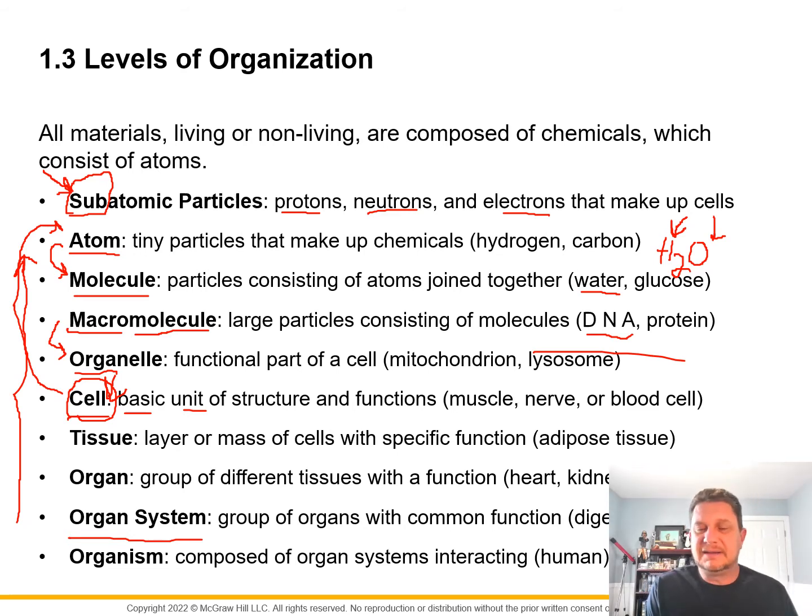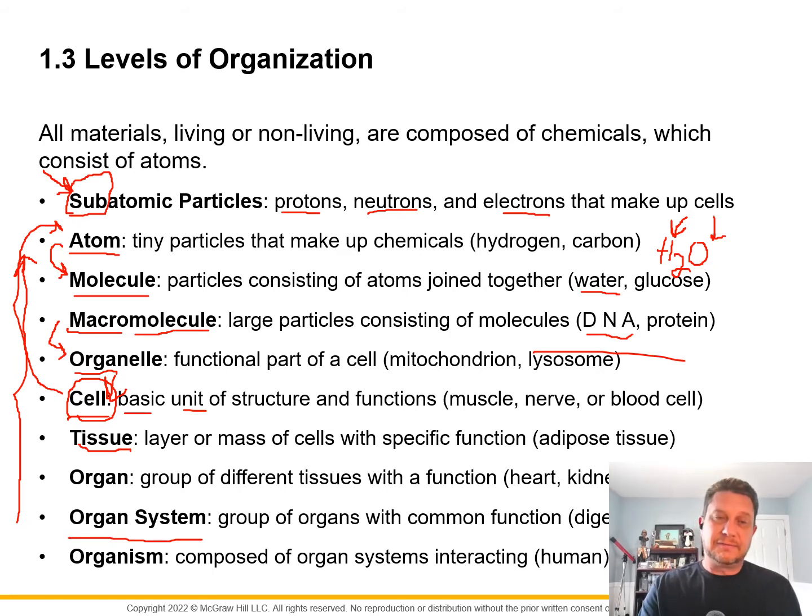But then we're going to find out that cells will work together with other similar cells in what we call a tissue. Tissue is simply thousands upon thousands of similar cells working together.